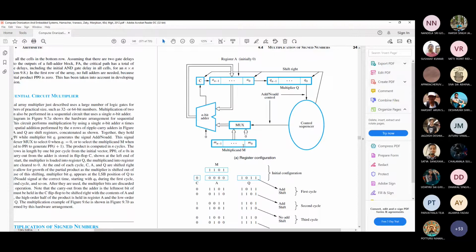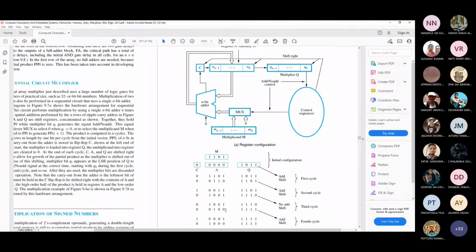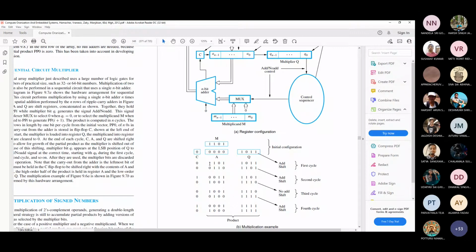Either it will take a 0 input or it will take the multiplicand input, depending on the condition of the current multiplier bit. That's why this multiplexer either selects the multiplicand or selects a set of 0. Because if the multiplier bit is 0, then the multiplicand value becomes 0. 0 into something equals 0. That's why this add, no add control comes from here itself.